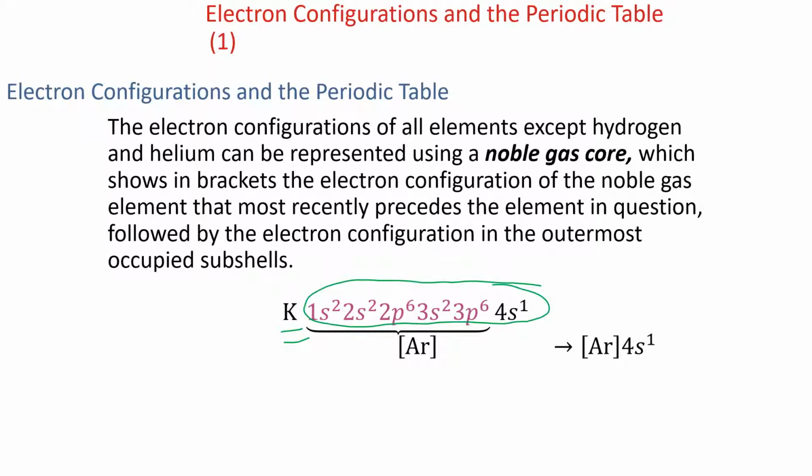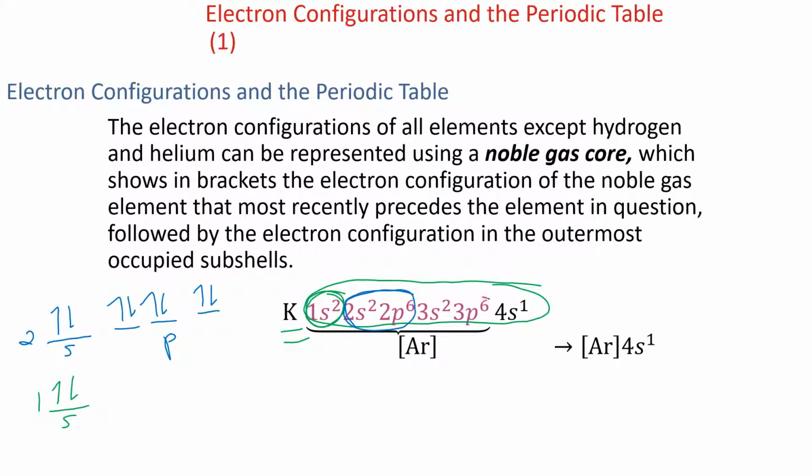So here, if I am talking about these numbers, what this tells me is that potassium has 2 electrons in 1s. It has 8 electrons in 2s, 2p. Okay.